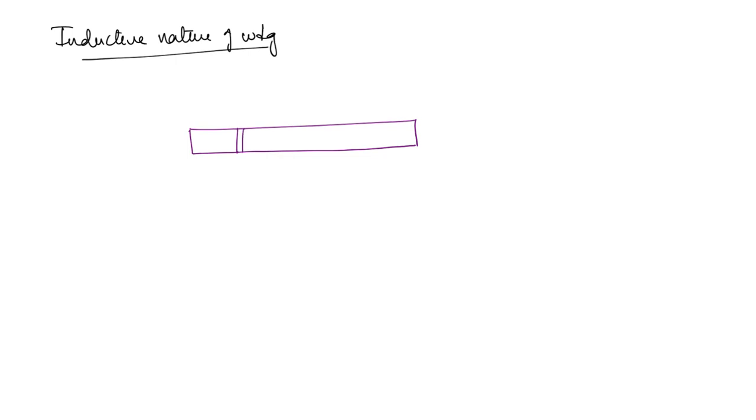So we will take the commutator segments once again. Say the coils we represent like this. One coil is connected between two commutator segments. Now the brush, if we take it to be at this commutator segment. So this is the brush. Here we have the commutator segments, here we have the windings, and here we have the brush.